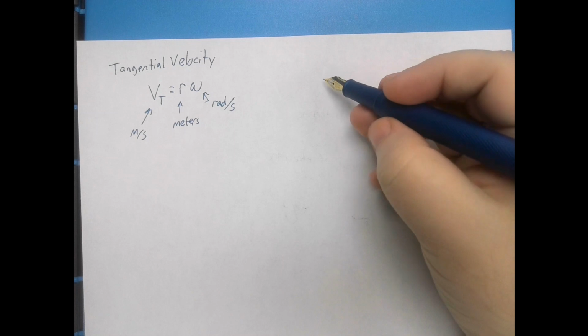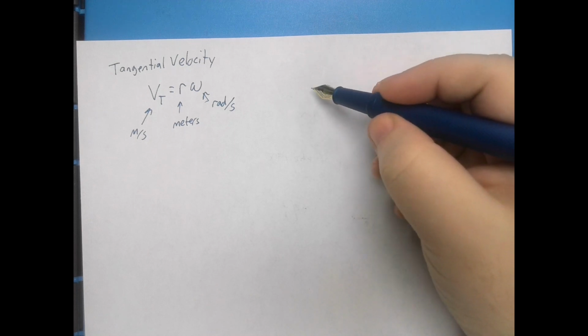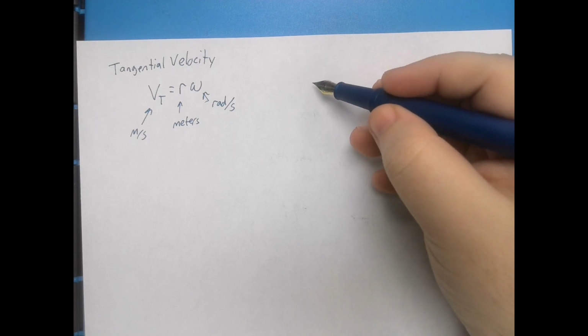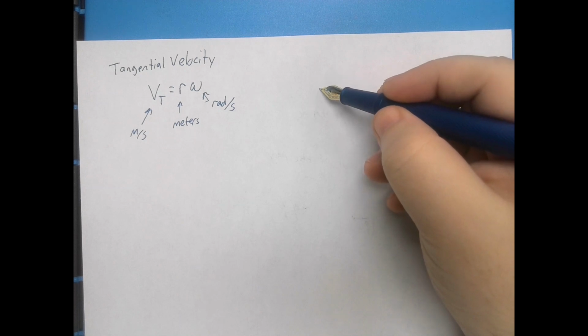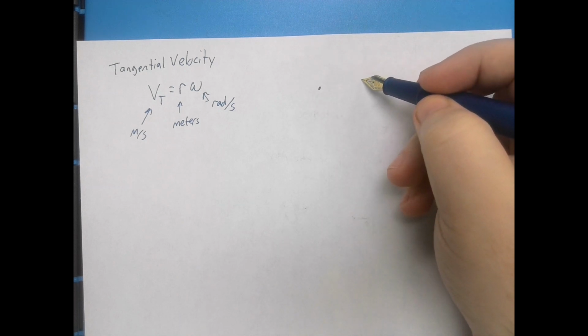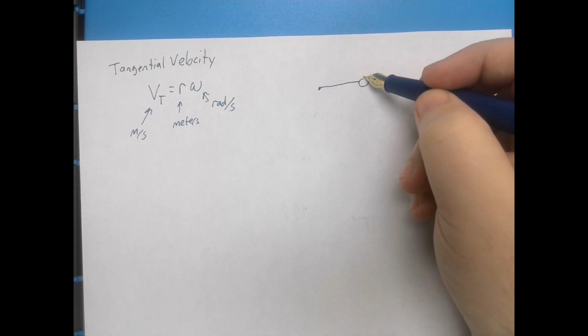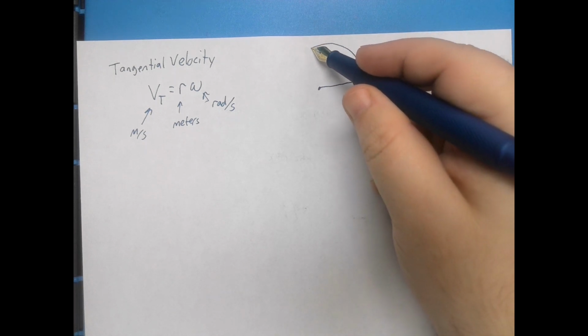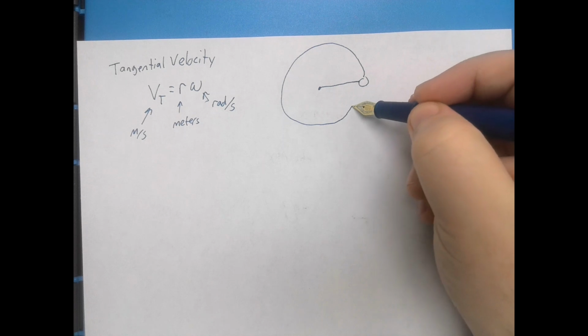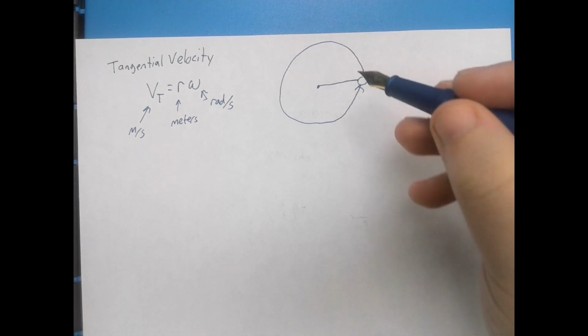So, for example, let's say we have a ball attached to a string and it is rotating around in a circle.